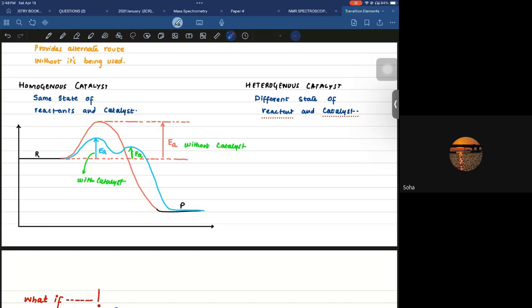This is called ligand substitution reaction, or nucleophilic substitution reaction. In the first step, the nucleophile would be leaving the substance, and of course the intermediate would be formed, and in the next step the incoming nucleophile would be attacking on that substance and forming the product. It means that this reaction is going to have two steps, so that's why you can see this curve. If you have a reaction in one step, you will see only this, and if you have two steps, you can see this.